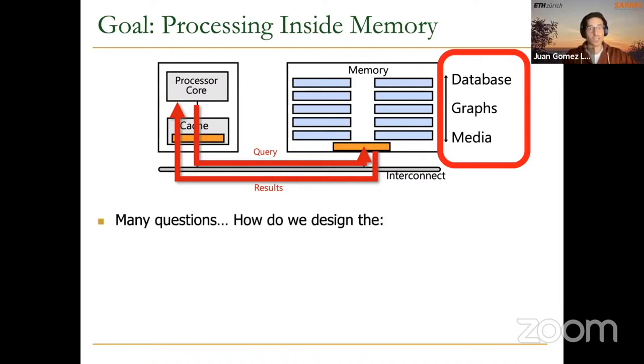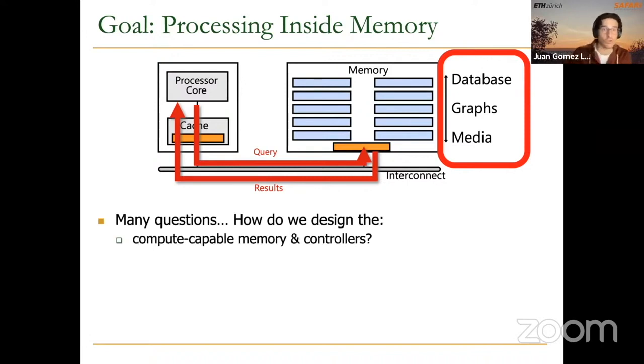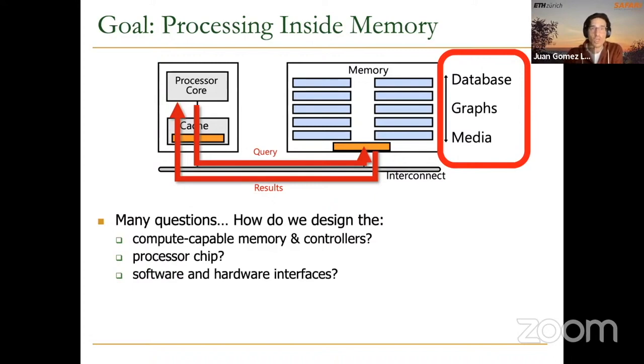Practically it is pretty challenging, because there are many questions to answer and many design challenges to solve. For example, we need to design compute-capable memory, with different ways of doing it, as we will see in this lecture, but we may also need to modify the memory controllers or the processor chip, or create new hardware and software interfaces for the programmers and for the processors to communicate with the processing-in-memory side.